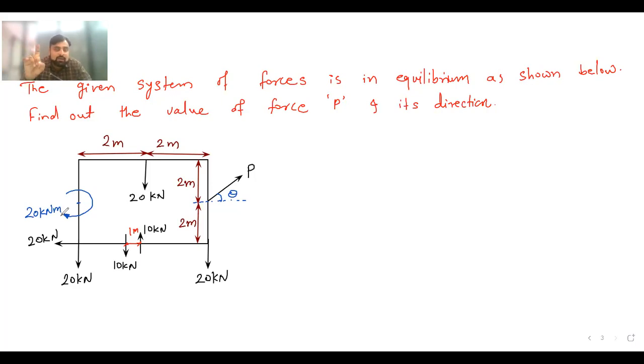Second thing is we can consider this 20 kilonewton meter in the equation of summation M, but we will consider it only if it is required. Whatever they have told us to find in the numerical, if we find it using only summation Fx and summation Fy, then there is no need to go for summation M. Are you getting my point?